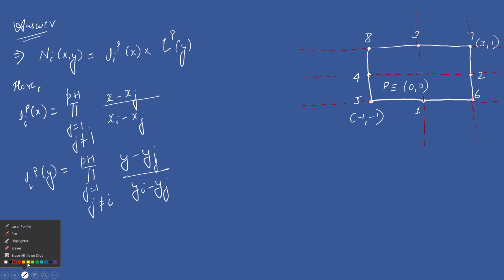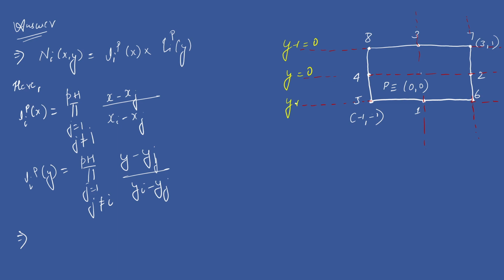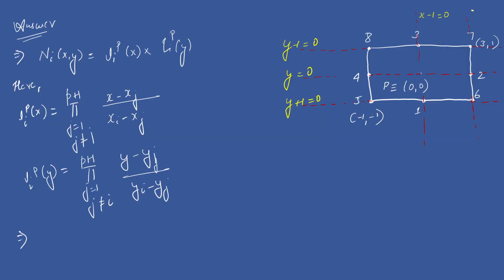So the function edges, the values can be obtained as y minus 1 is equals to 0, y is equals to 0, y plus 1 is equals to 0. Then here it is x minus 1 is equals to 0, x minus 2 is equals to 0.